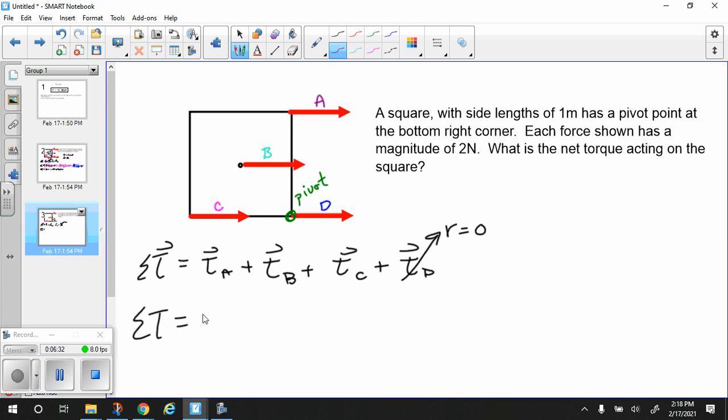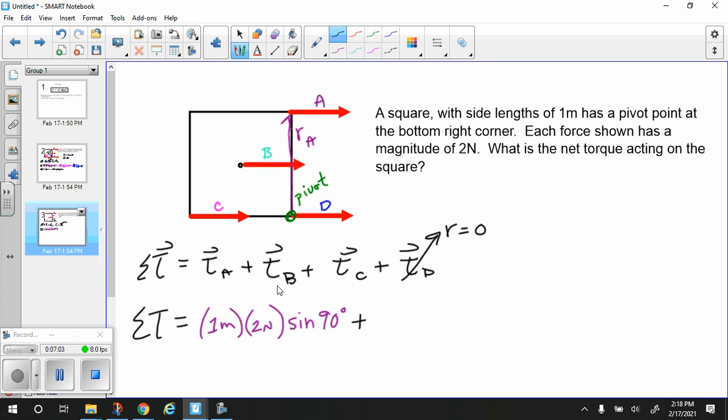So we would have R, and this is R for A. Now that's 1 meter, so 1 meter times the force, which is 2 newtons, times sine of theta, and that's just 90 degrees. So that's just 1. I often leave it off if it's 90 degrees, but for showing you how to do this, I'll just leave it on there. Plus torque from B.